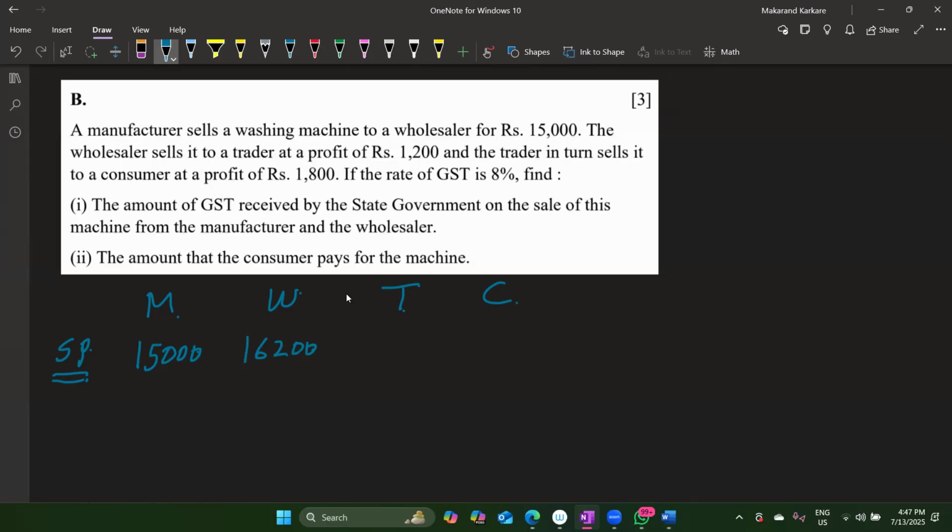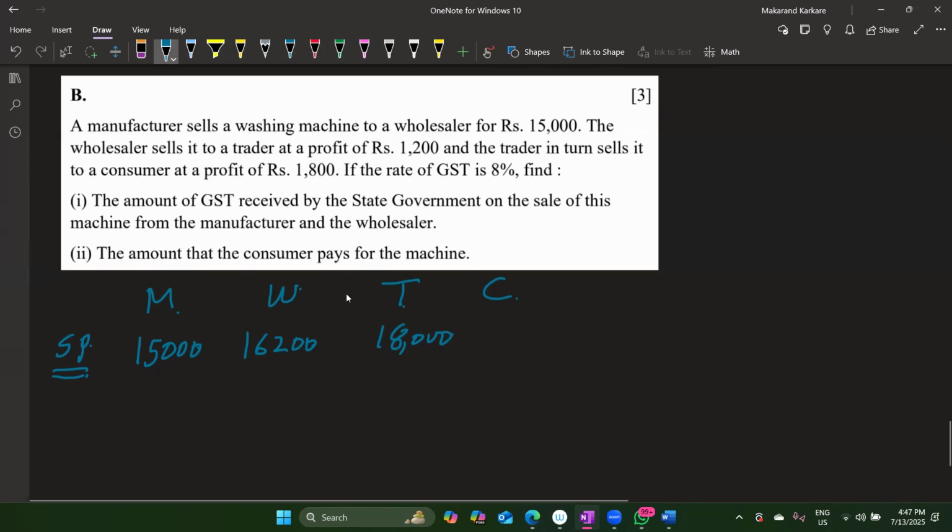Makes sense? And the trader in turn sells it to the consumer at a profit of 1,800. So 18,000. Correct? What is GST? GST percent is 8.